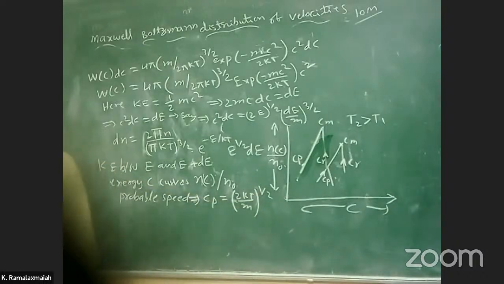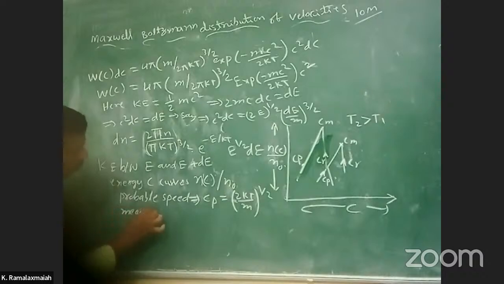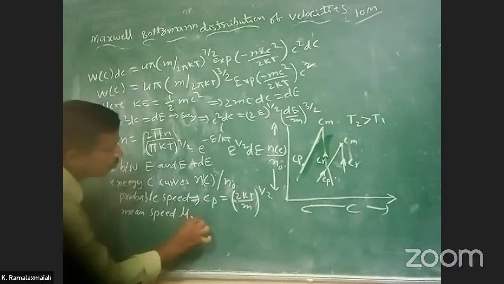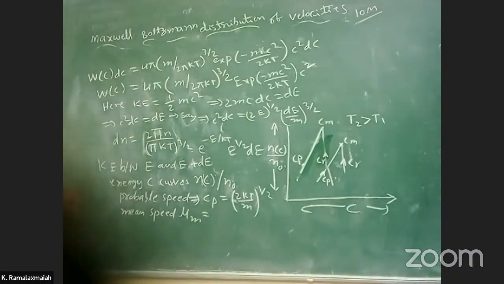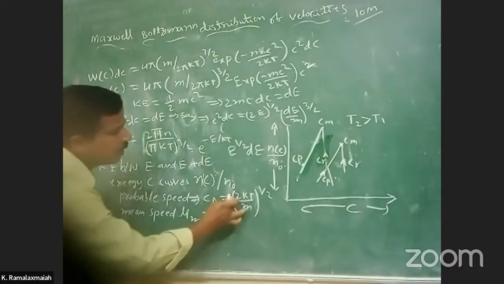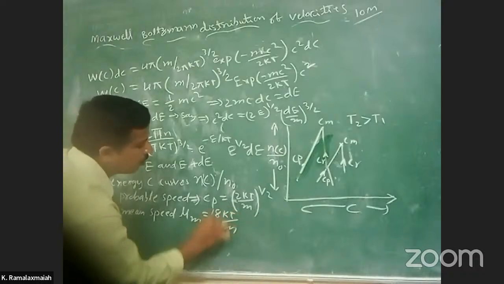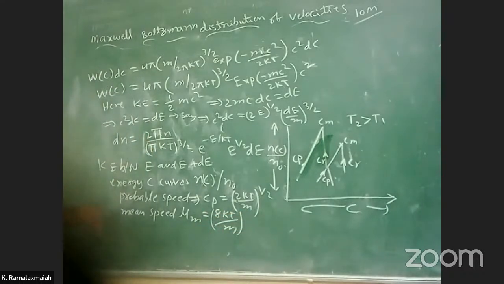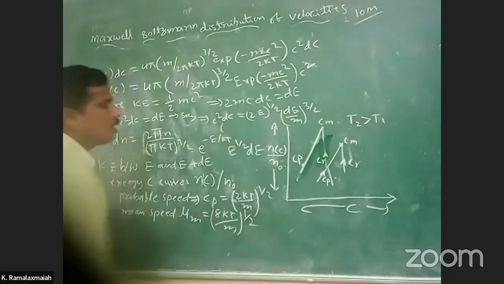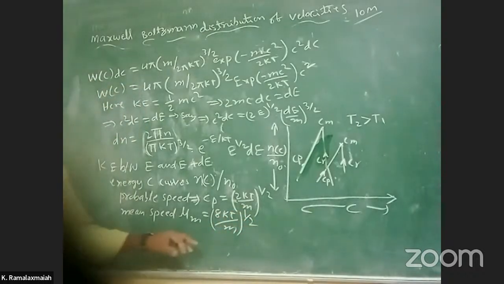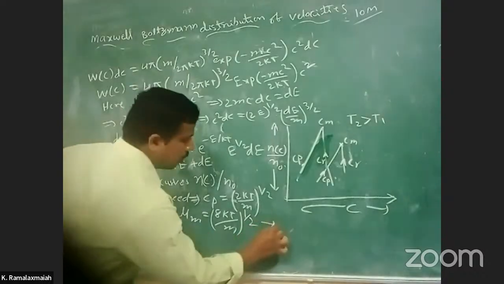The mean speed CM is equal to (8kT by πm) power of 1 by 2.